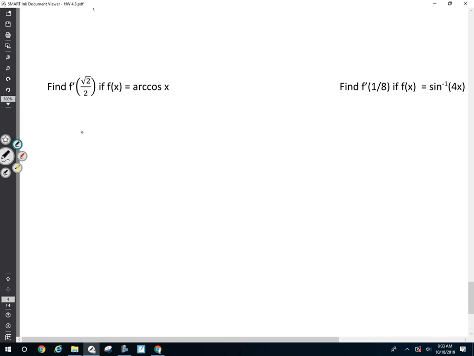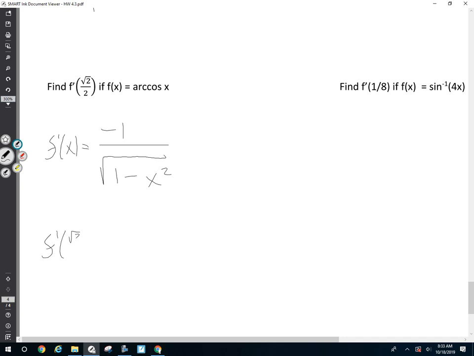Root 2 over 2 arc cosine. F prime is, now I'll show you something interesting when we're done with this one. Sorry, this is -1 over root 1 minus x squared.